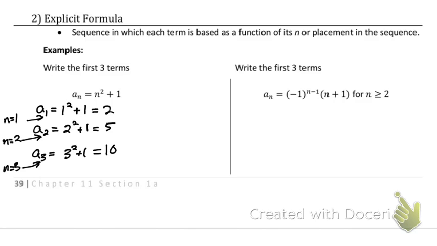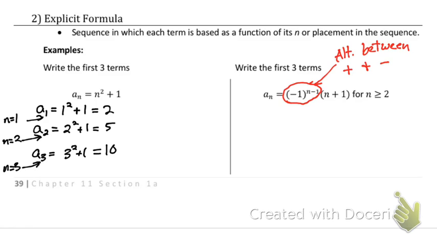You have to recognize this. This is going to show up so much, and we're going to keep talking about it. But the quicker you understand that this just alternates between positive and negative, the easier life is going to be.